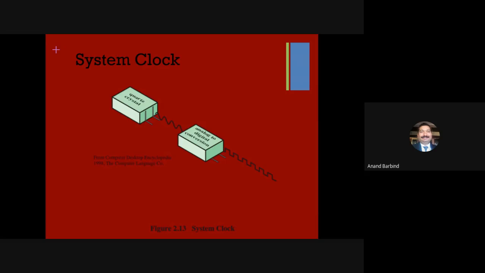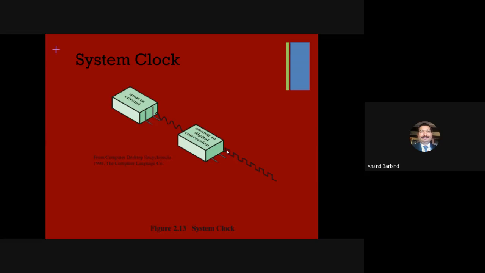A crystal is a device which produces oscillation. The oscillations are like a sine wave, you can see here. This sine wave is converted from analog to digital, so that what you get is the square wave, that is, your signal is either high or low.